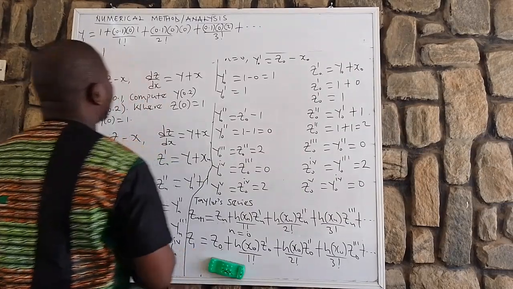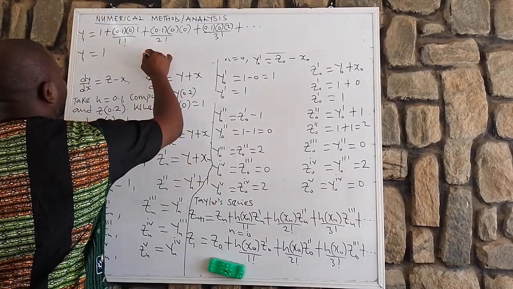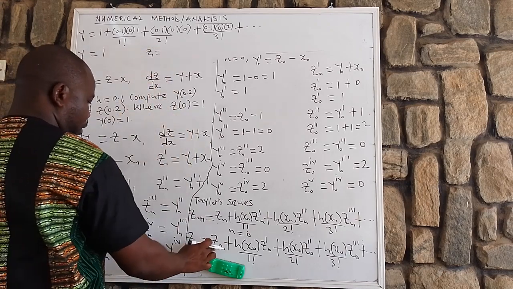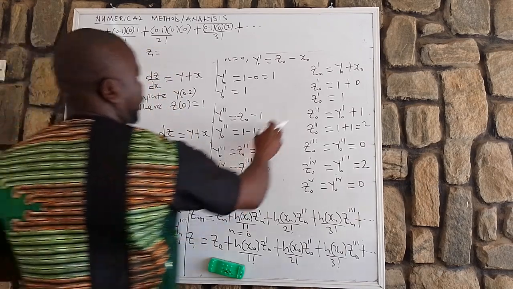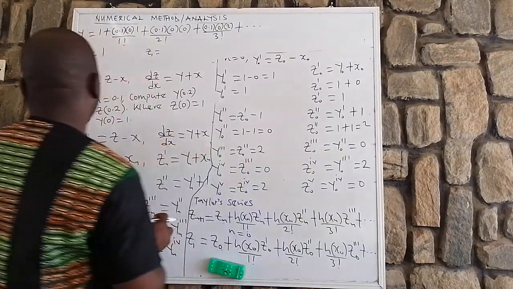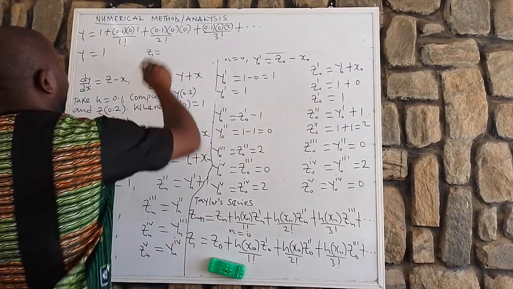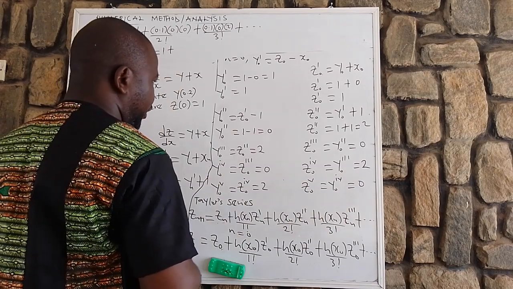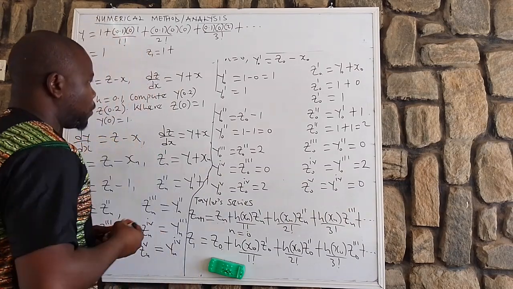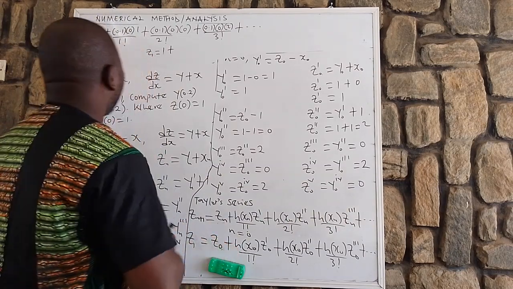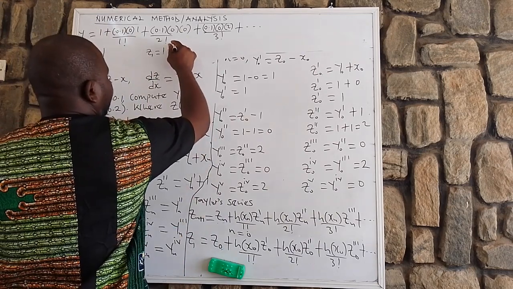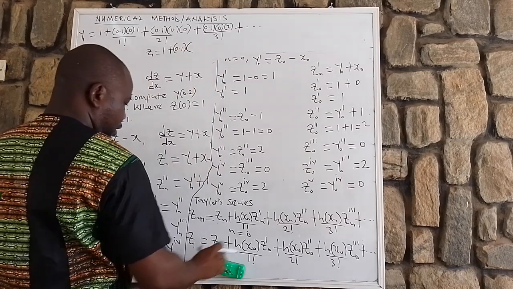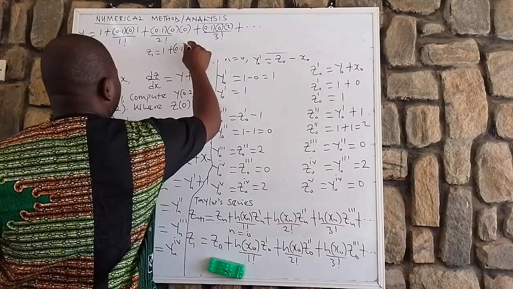So let us obtain our z1. Our z1 will now be equal to z0, which is 1, isn't it? 1 plus, our h is given as 0.1, mind you. Then x0 is always 0.